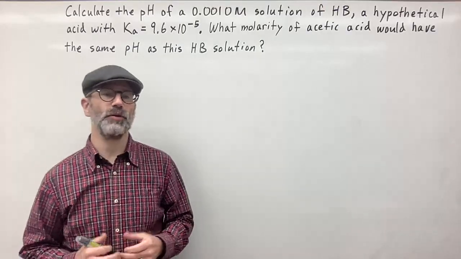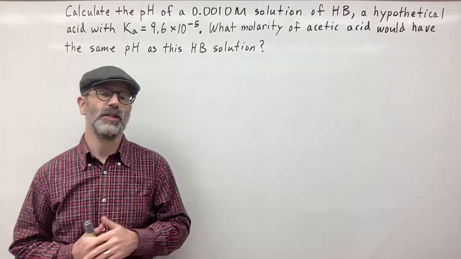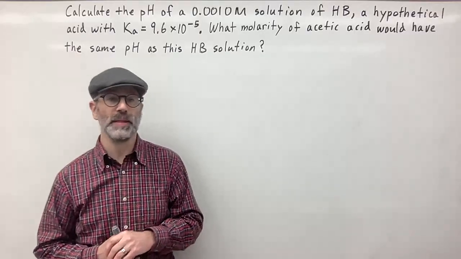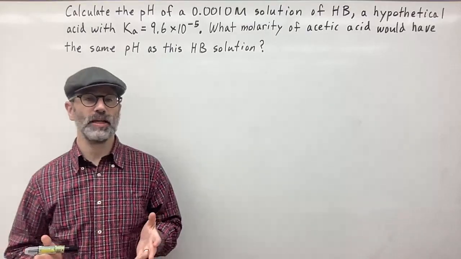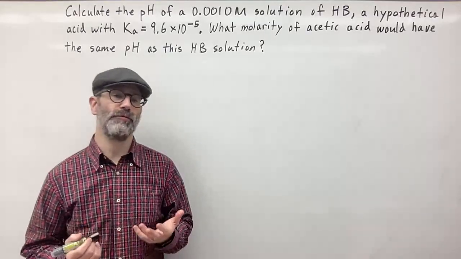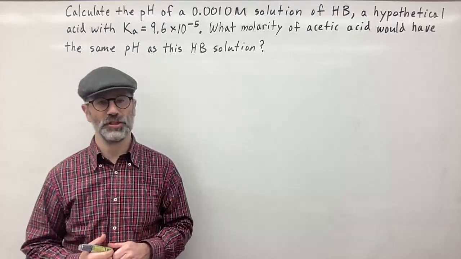So here, the first thing we need to do is do an ice table to find the pH of the hypothetical acid. They gave us the molarity to start with. What we need to figure out is what the equilibrium concentrations are going to be.